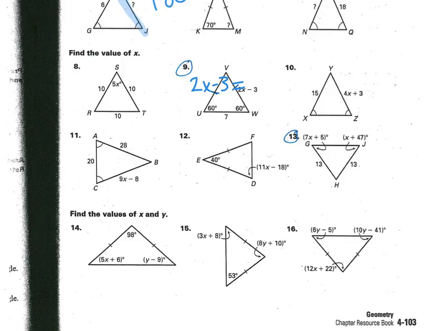It's the same for number 13, I would set these 2 equal to one another. The reason is because these 2 sides are equal, which means the angles opposite of them are also equal. So you set up your equation, get letters on one side, numbers on the other, and solve for x.